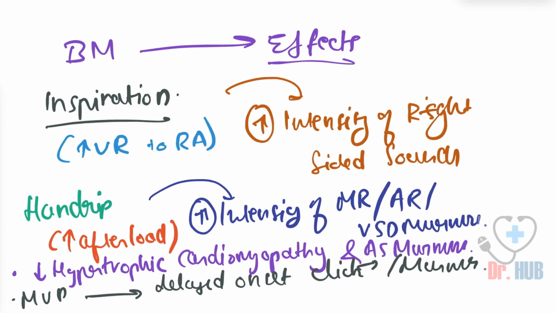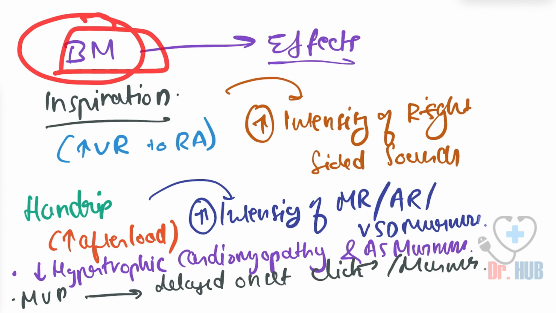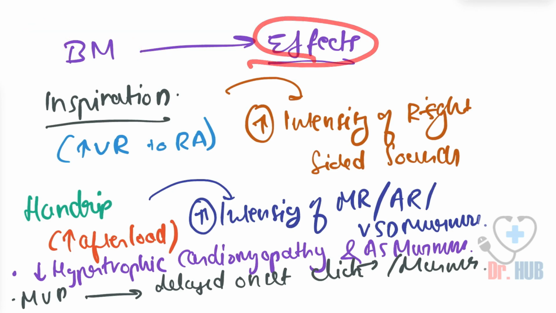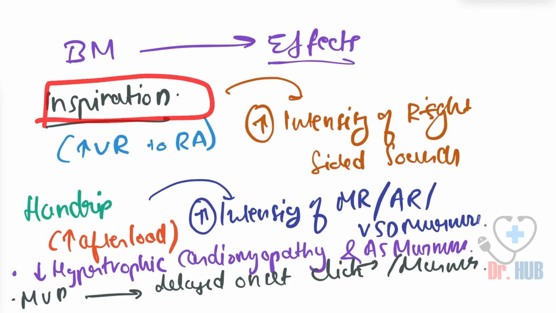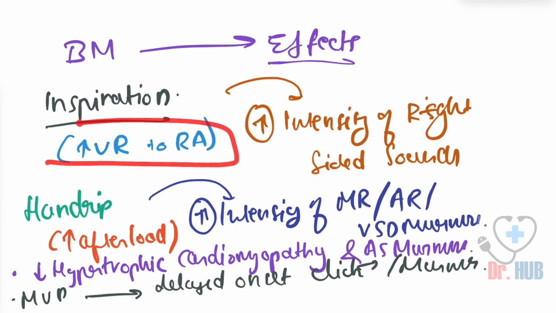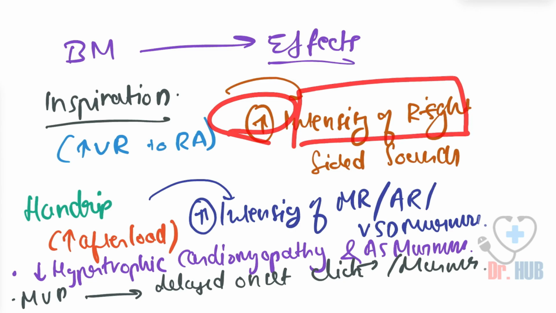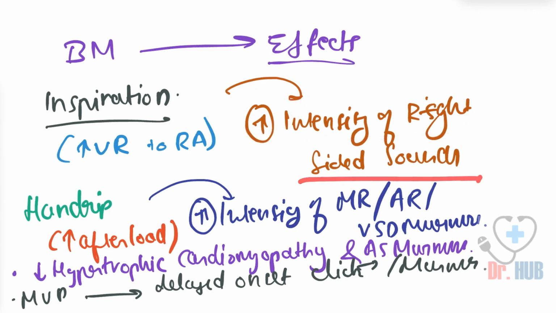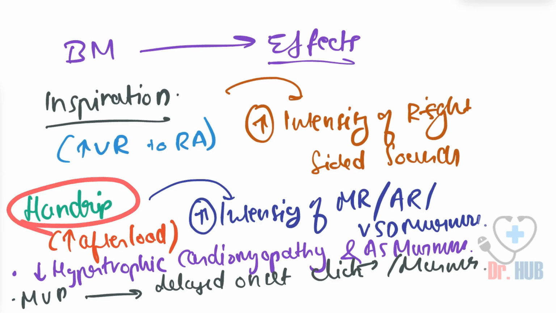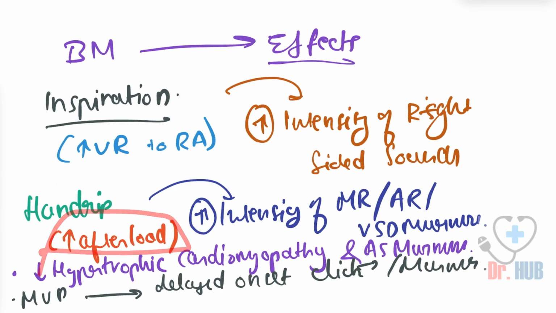Just to recap what we did here, we saw the bedside maneuvers and the effects. In terms of inspiration, there's an increase in the venous return to the right atrium. Because of this, there is an increase in the intensity of the right sided sounds. In terms of hand grip, there's an increase in the afterload.